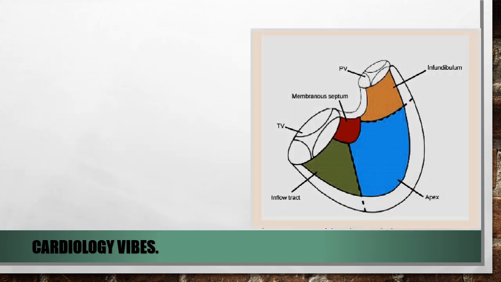From the imaging perspective, this is a schematic diagram depicting the parts of the right ventricle, and we can see that this is the tricuspid valve, this is the inflow tract, this is the apex of the right ventricle, this is the membranous part of the interventricular septum, the infundibulum, and the pulmonary valve.